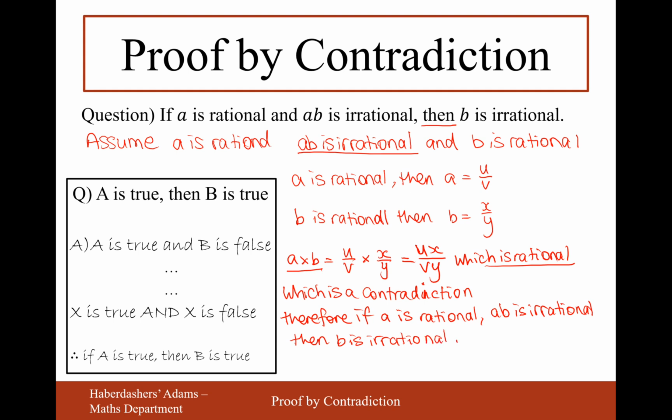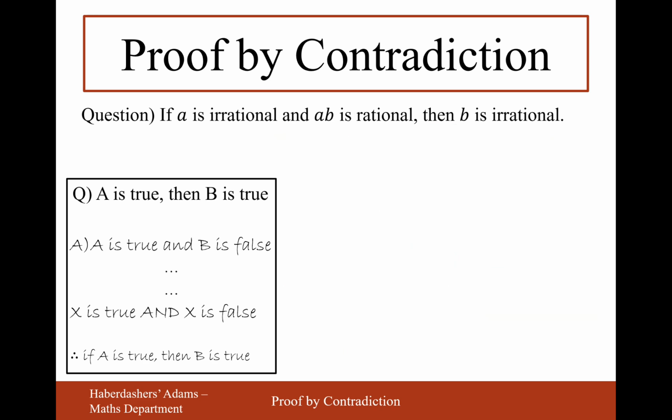And there we are, that's the answer to this question. And moving on to the final one of these types of questions, if A is irrational and B is rational, then B is irrational. So let's go for the assumption then.